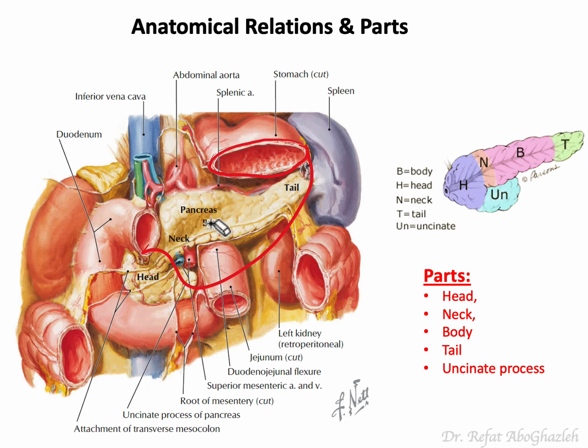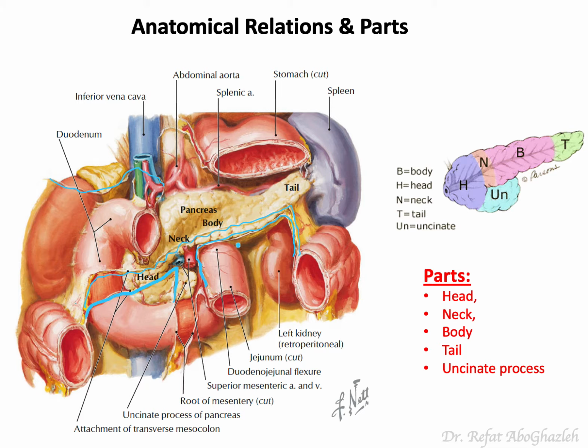But what we can conclude from the figure that we see, look at the peritoneum. This is the peritoneum that is cut in here. This cut represents the attachment of the transverse colon, or the transverse mesocolon, the peritoneum that fixes the transverse colon to the posterior abdominal wall.